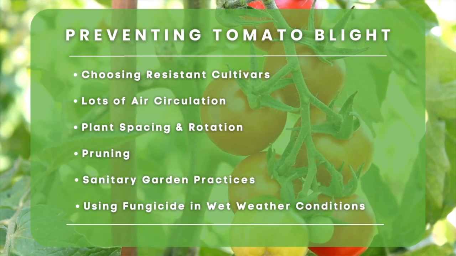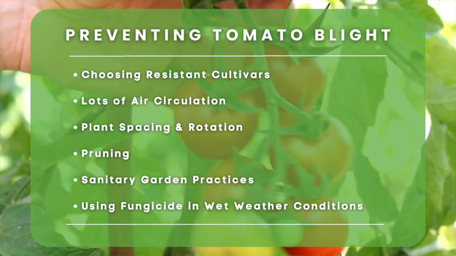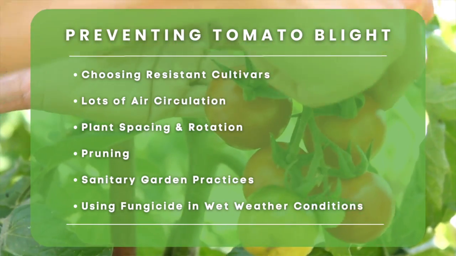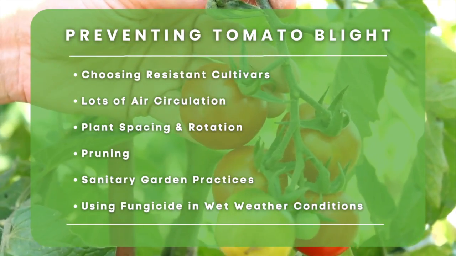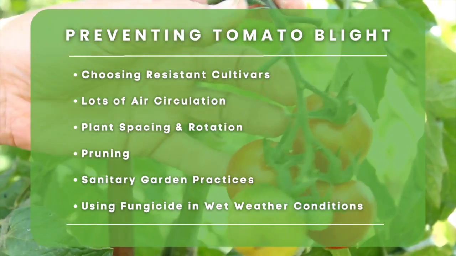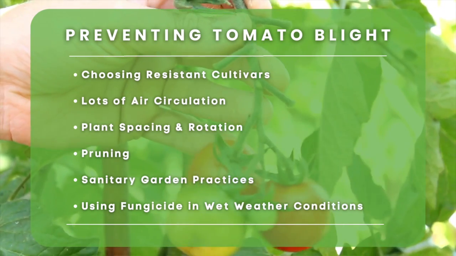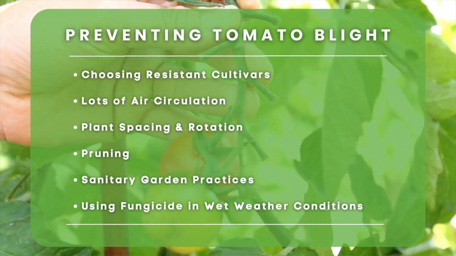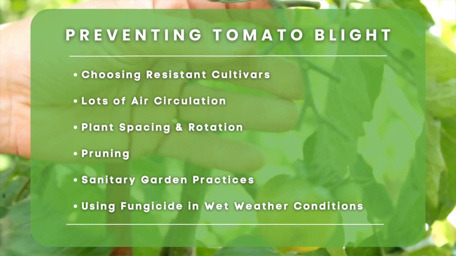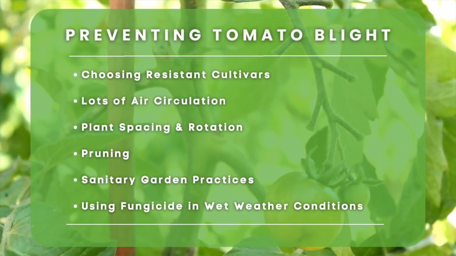That's what we love to see first. And we can do that through rotations, through sanitation, through resistant cultivars, through better air circulation, through pruning and keeping our plants healthy. So that is our place to start. That is preventative. And that applies to all of our tomatoes and all of our tomato diseases.